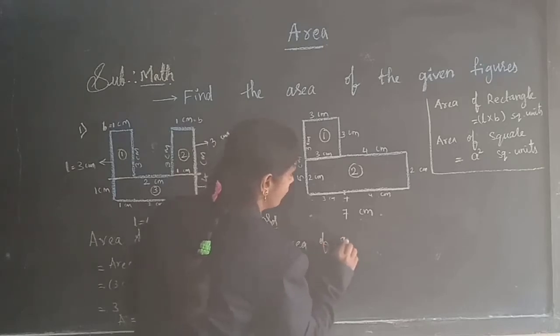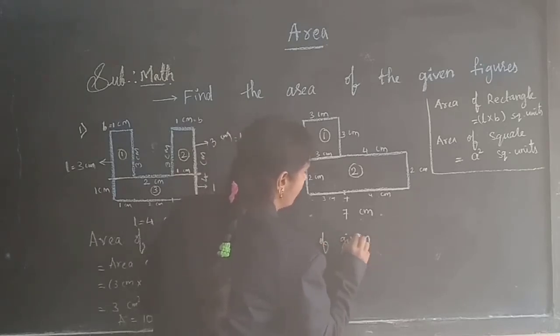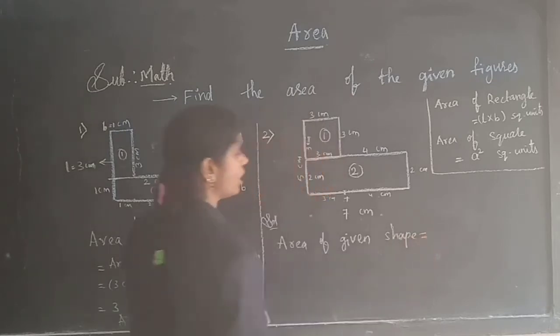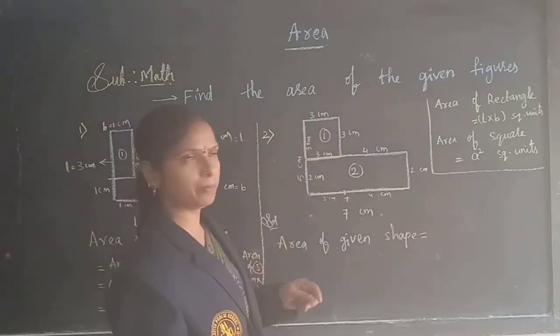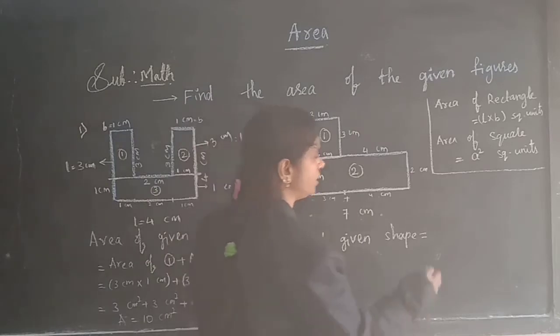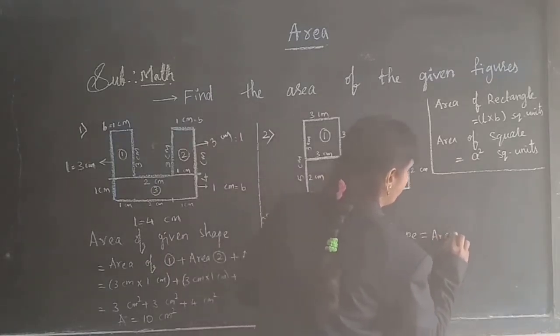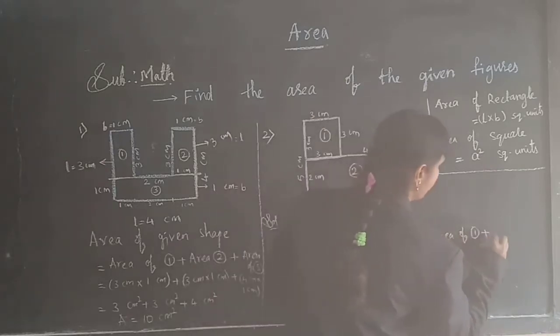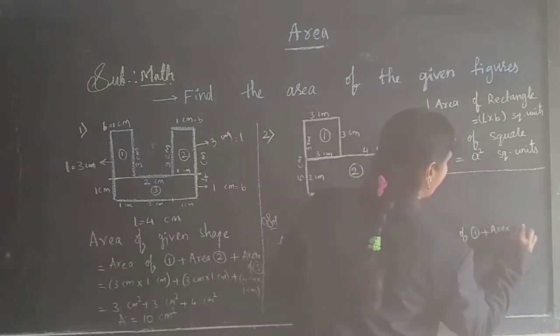Area of the given shape. So how can I take the area of the given shape here? Area of the first figure plus area of figure 2, children.